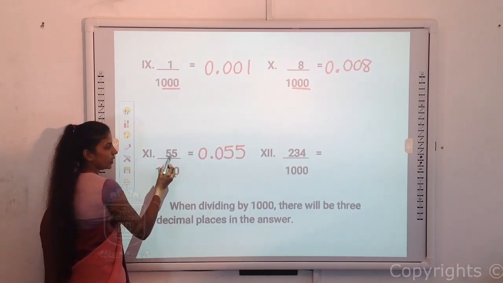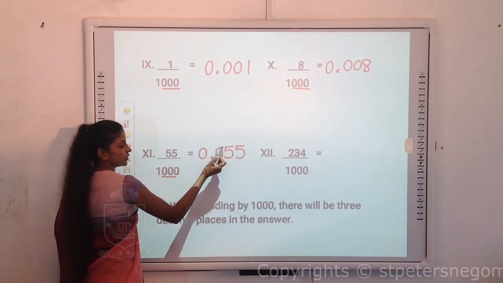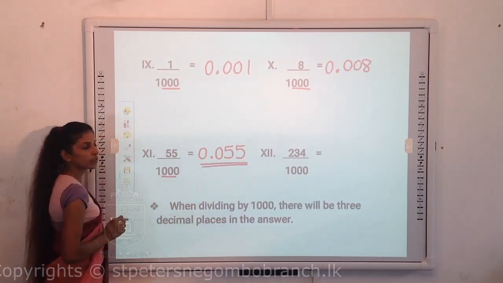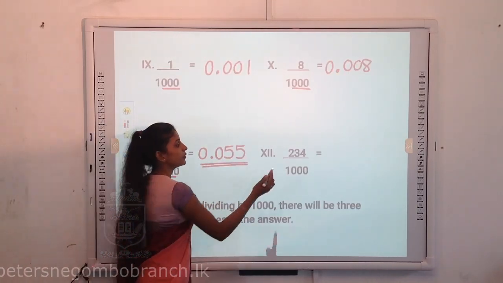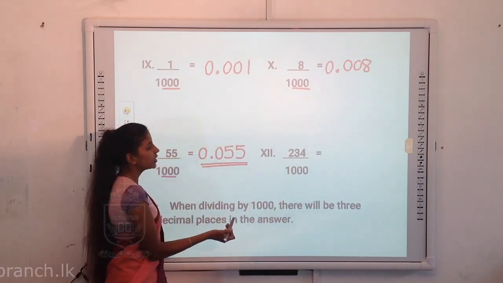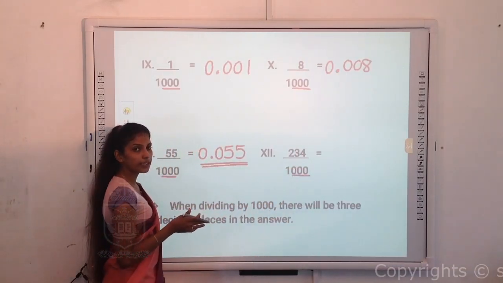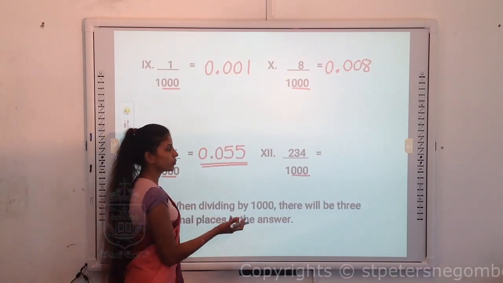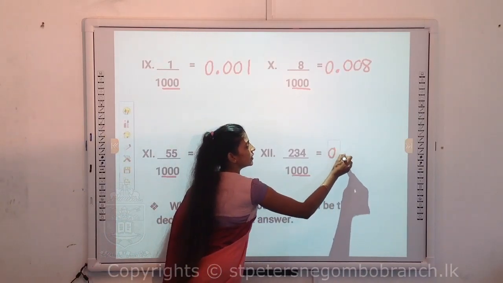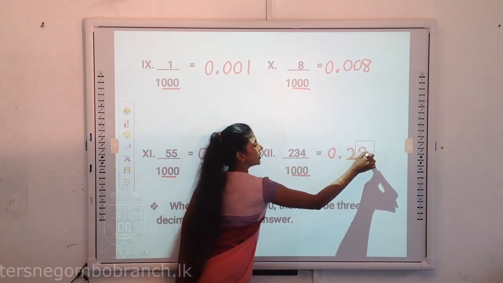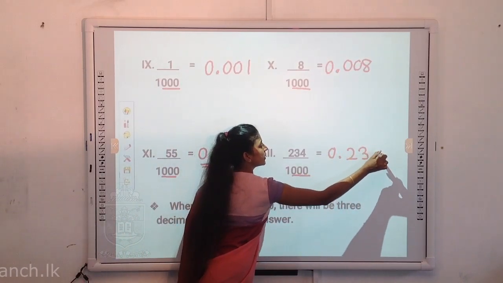You had two numbers, so for the other decimal place you have to take a 0. Next, same way, there you have three digits in the number, and here three decimal places, three zeros. Therefore, in the final answer there should be three decimal places. So that means 0.234 is the final answer.